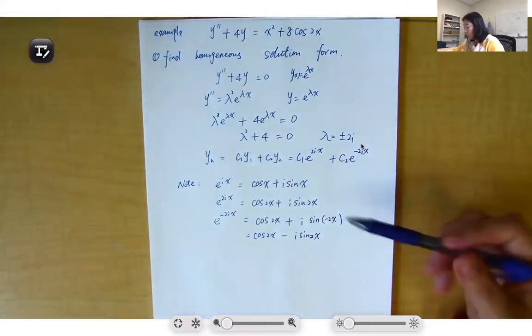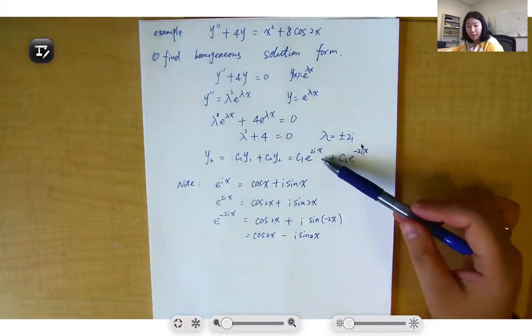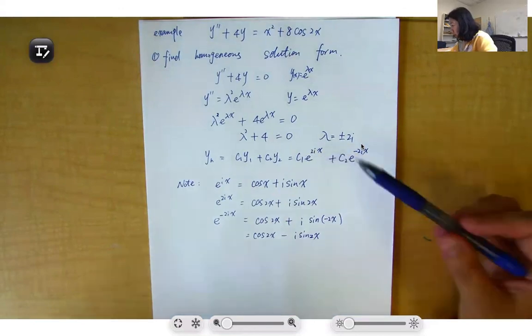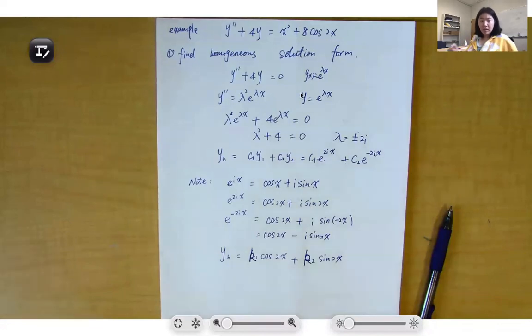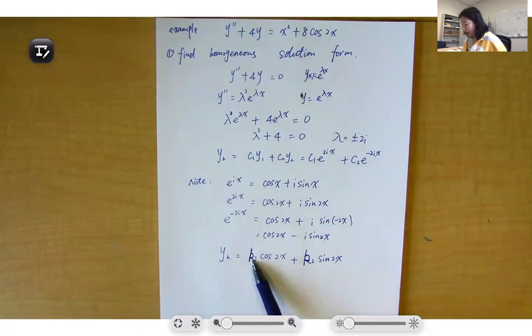And you can use the cosine and the sine form to replace here the homogeneous solution. So in the end, you will have your homogeneous solution written as a constant times cosine 2x and another constant times sine 2x.